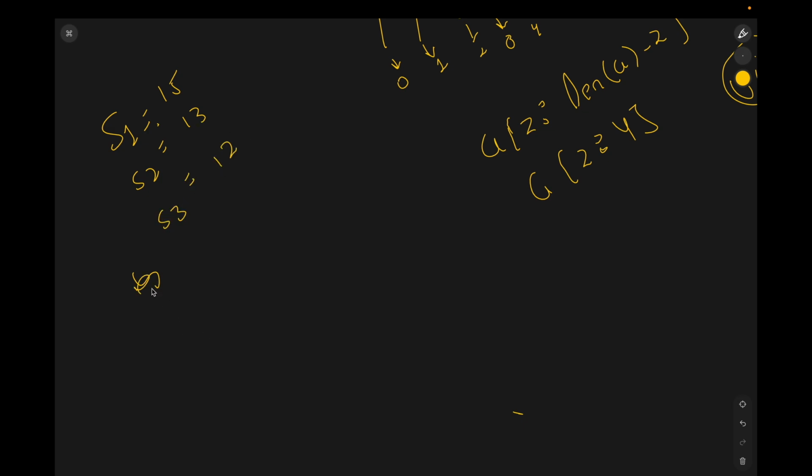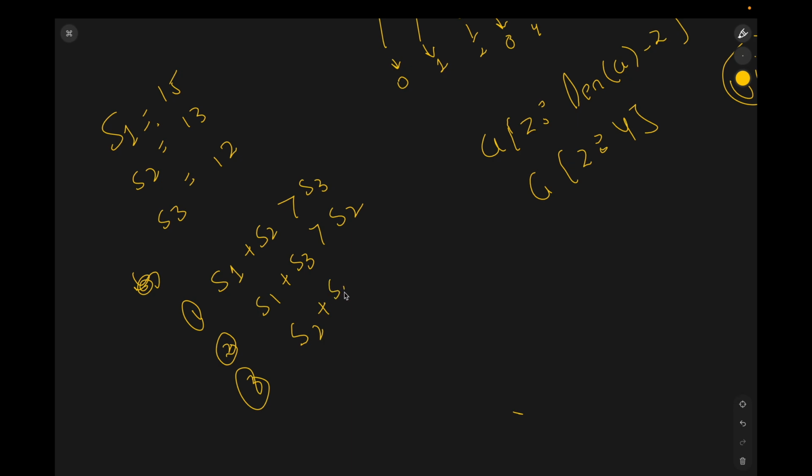So what you have to check is, if you do S1 plus S2, it should be greater than S3. This is the first step. Second, you should also check that S1 plus S3 is greater than S2. Third, you should also check this possibility as well: S2 plus S3 should also be greater than S1.